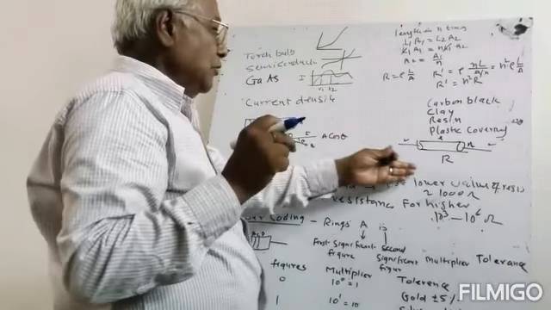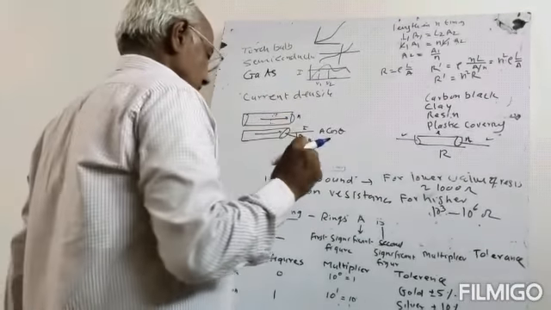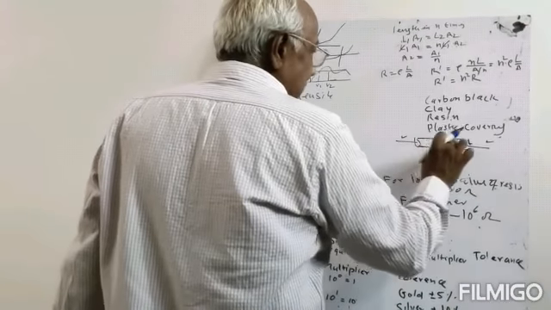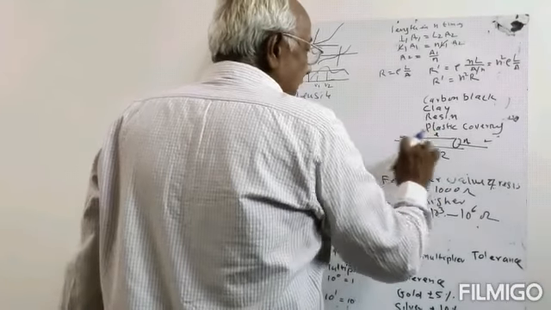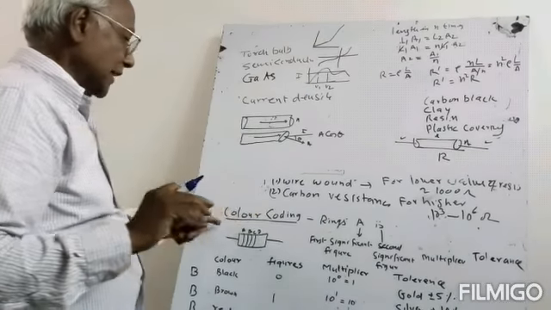Now how do we know the resistance of this carbon resistance? For carbon resistance there is a system known as color coding.